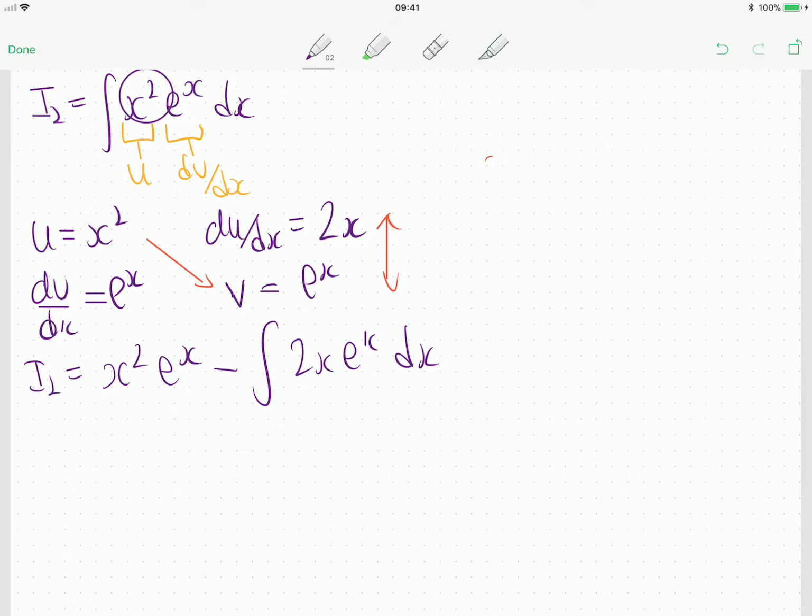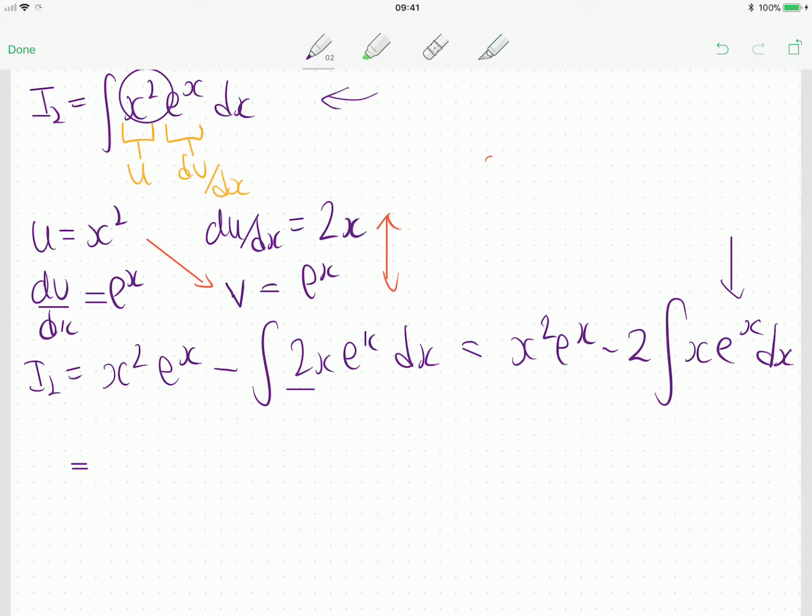If I tidy this up a little bit, I'm going to take this 2 outside the integral. So my problem up here is now reduced to this problem here. Effectively, the difference is the power on the x has got a bit smaller, which should make it easier to deal with. So what do we do next?